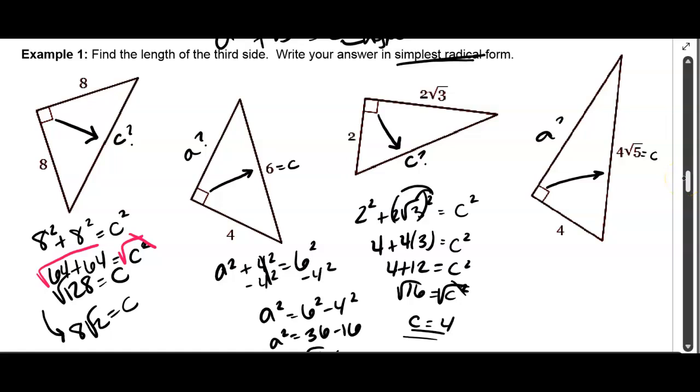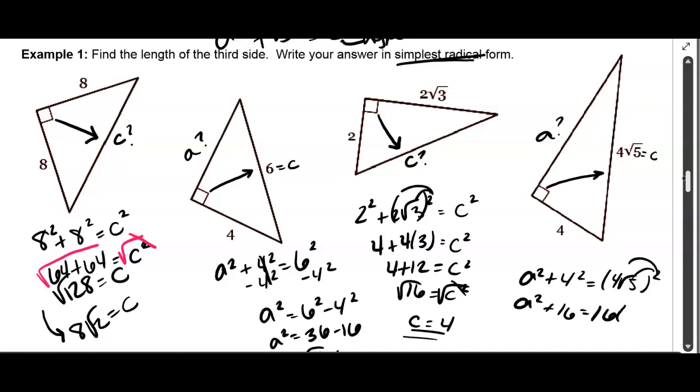So notice, I don't know a. I know c. So this time, similar as before, a squared plus 4 squared equals 4 square root of 5, squared. So a squared plus 16 equals, distribute the square, 4 squared is 16, and square root of 5 squared.